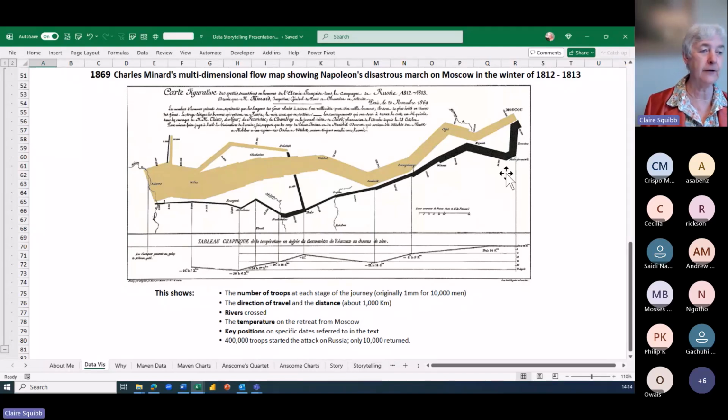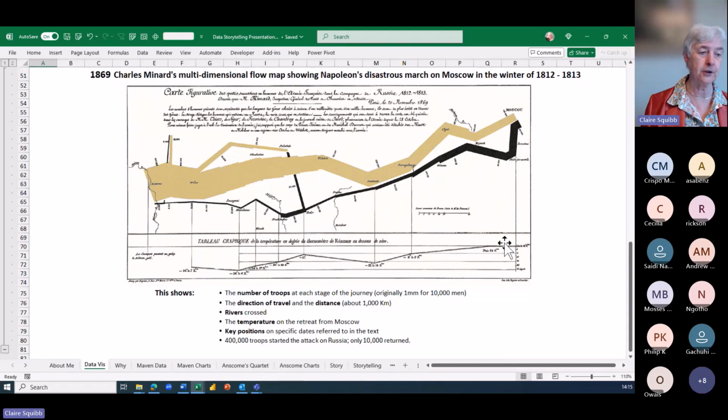So it's a very, very informative chart. It shows the number of troops at each stage of the journey. It shows the direction of travel and the distance. This is based on the actual map. It shows the actual rivers that were crossed. These little curly lines are the rivers, and at a lot of the river crossings, people lost their lives.